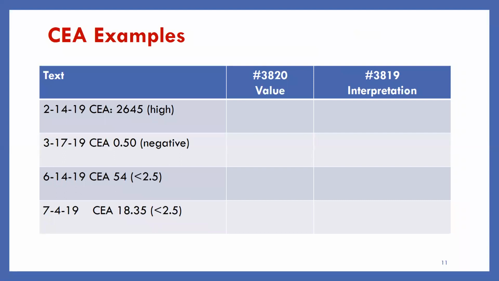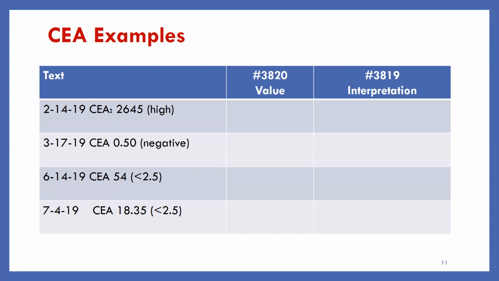All right, so let's look at these examples and code them. The rounding rules in the SSDI manual have been revised for version 1.7, and so those do apply to our 4th case here.